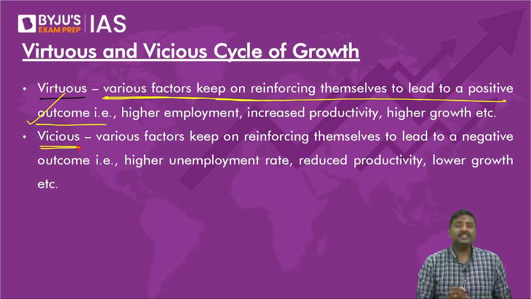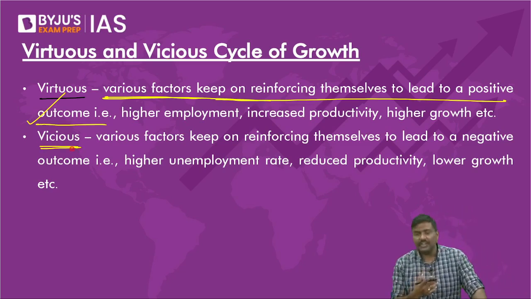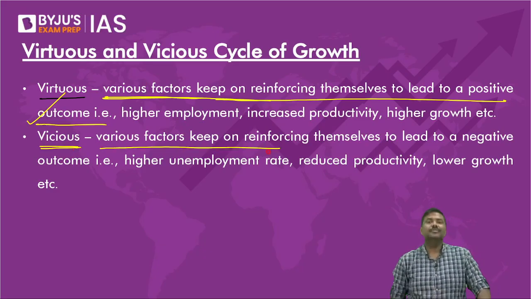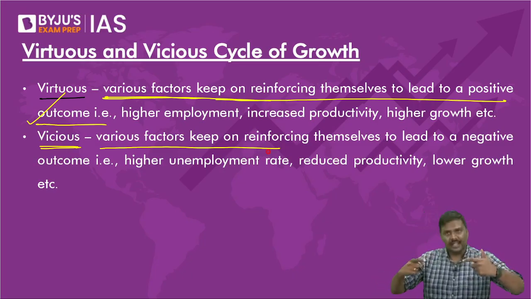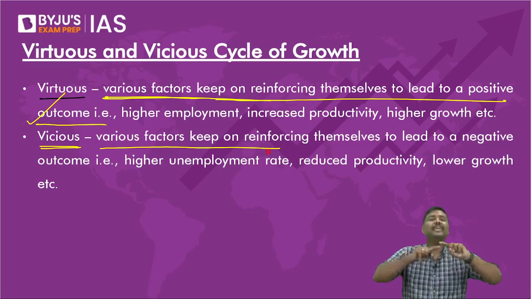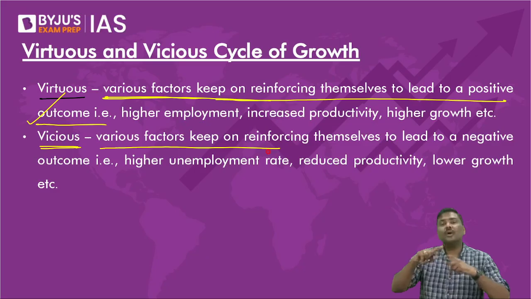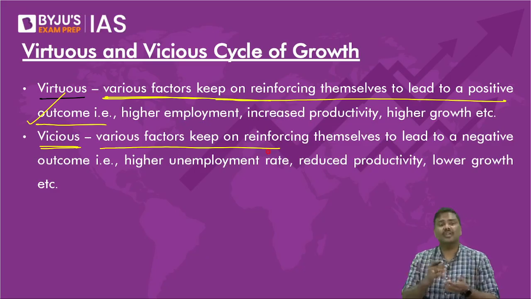Next is a vicious cycle. What is a vicious cycle? Exactly opposite. Various factors in the economy will keep on affecting each other. As a result of this, the whole economy will experience negative outcomes.